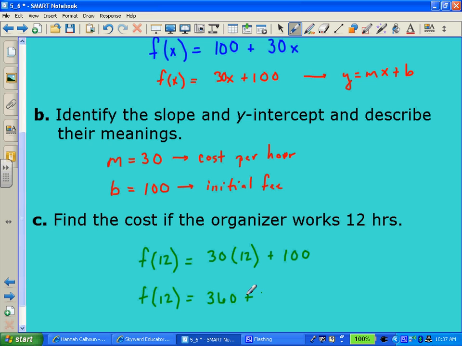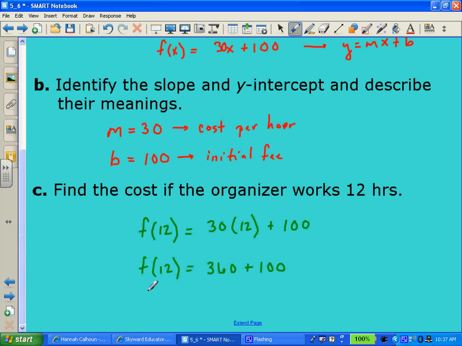So 30 times 12 is 360 plus 100. So if it took the organizer 12 hours to organize my closet, I would owe them $460. Okay? So that's how we do the story problems.